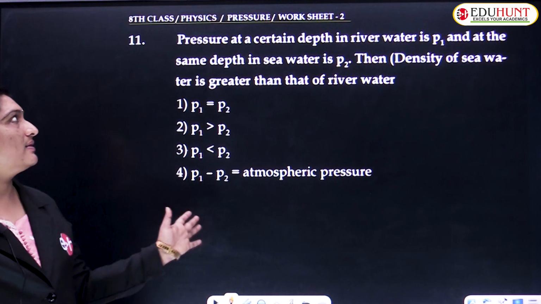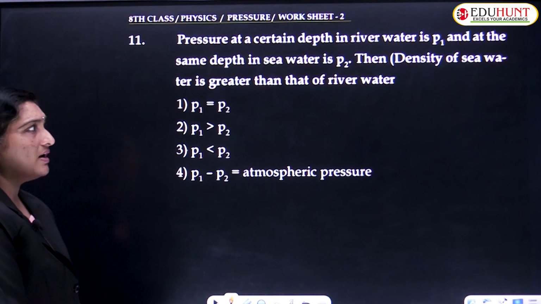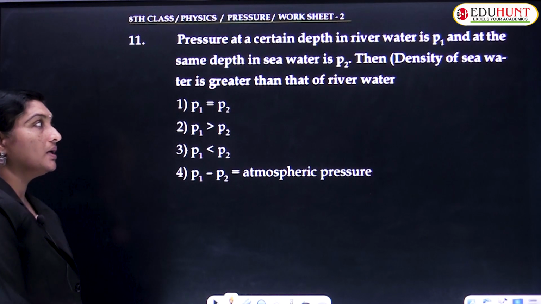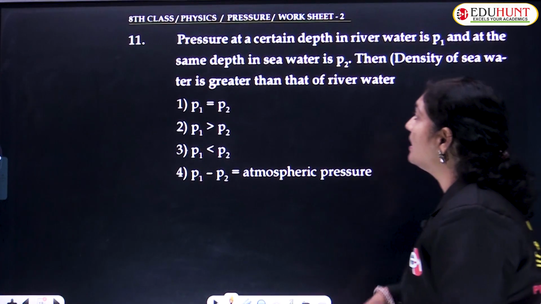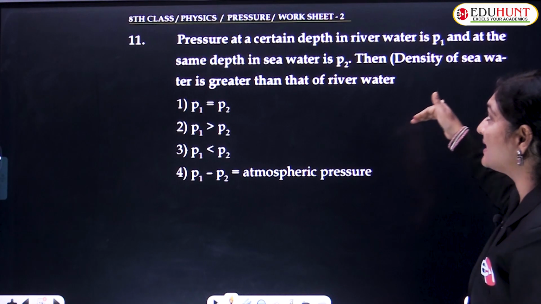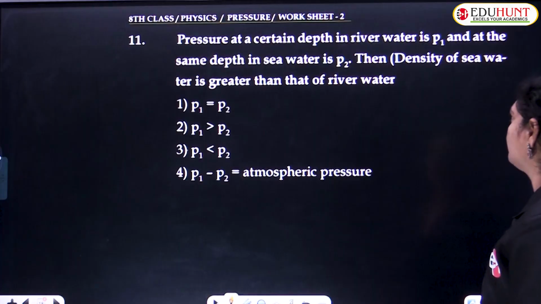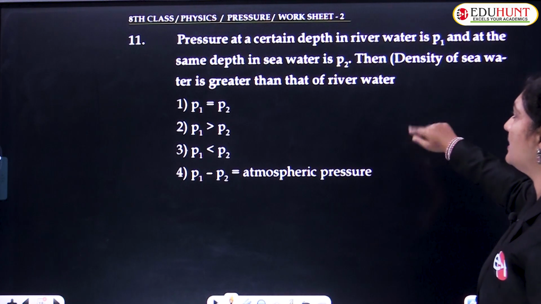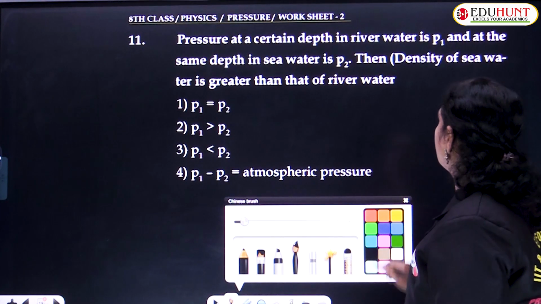So, now have a look at the 11th question. Pressure at a certain depth in river water is P1 and at the same depth in sea water it is P2. Okay. So, think carefully, children, try to understand this. The density of sea water is greater than that of river water. So, first of all let us write the given data.